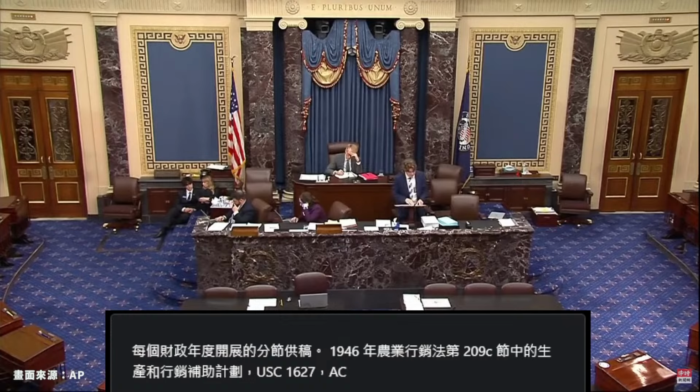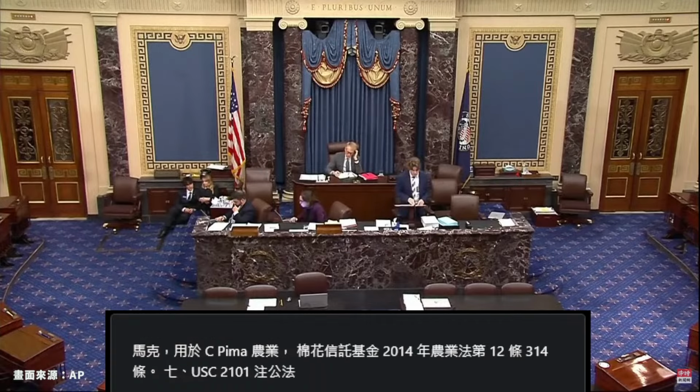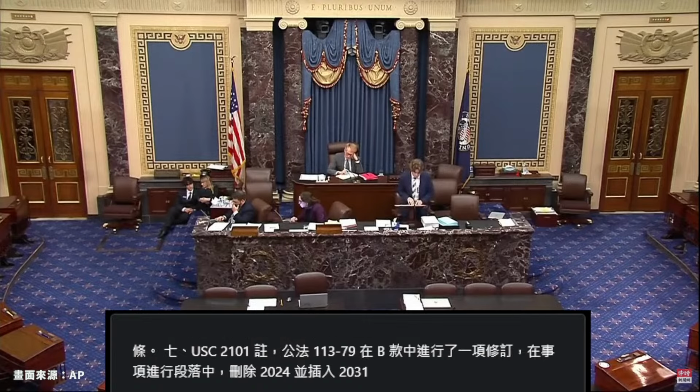(c) Pima Agricultural Cotton Trust Fund. Section 12314 of the Agricultural Act of 2014, 7 U.S.C. 2101 note, Public Law 113-79, is amended (1) in subsection (b), in the matter preceding paragraph (1), by striking "2024" and inserting "2031"; and (2) in subsection (h), by striking "2024" and inserting "2031". (d) Agricultural Wool Apparel Manufacturers Trust Fund.